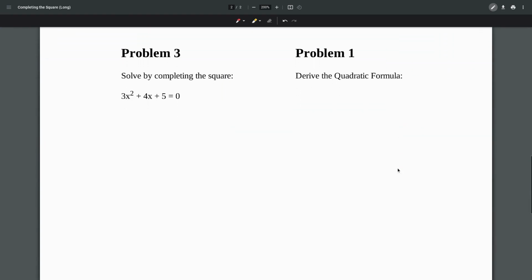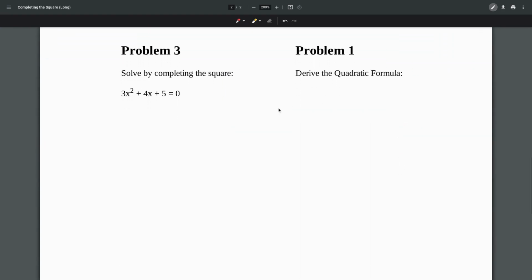All right, let's look at problem 3 here. So same thing, we're going to solve by completing the square. If we want to, we could divide everything by 3 first and then move over. So I've got 5/3 to move over. I'm going to subtract 5/3 from both sides.